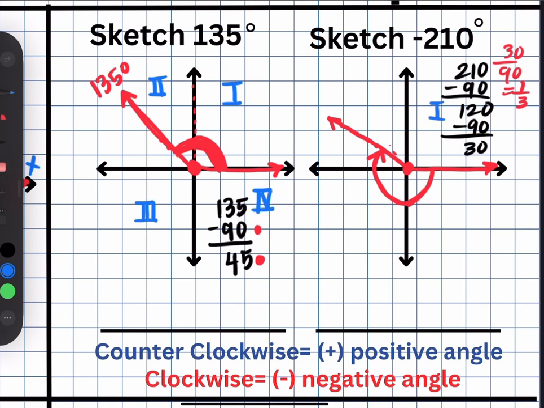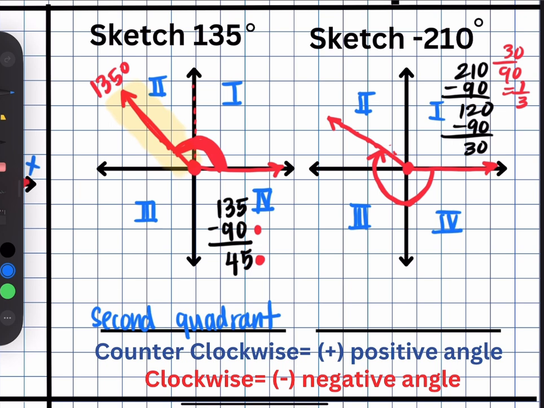And I'm going to do the same to the other side using Roman numerals. And so where did I land for 135? I landed right here, 135. And that is in the second quadrant. So I'm going to say second quadrant.